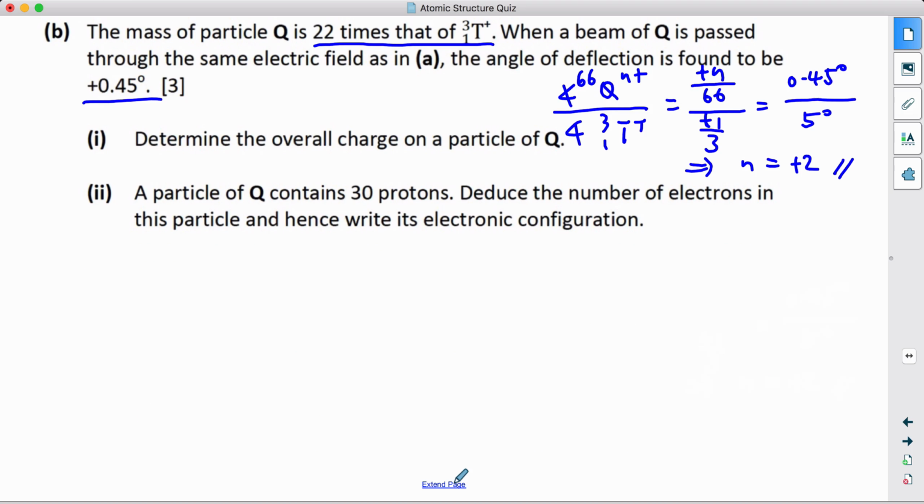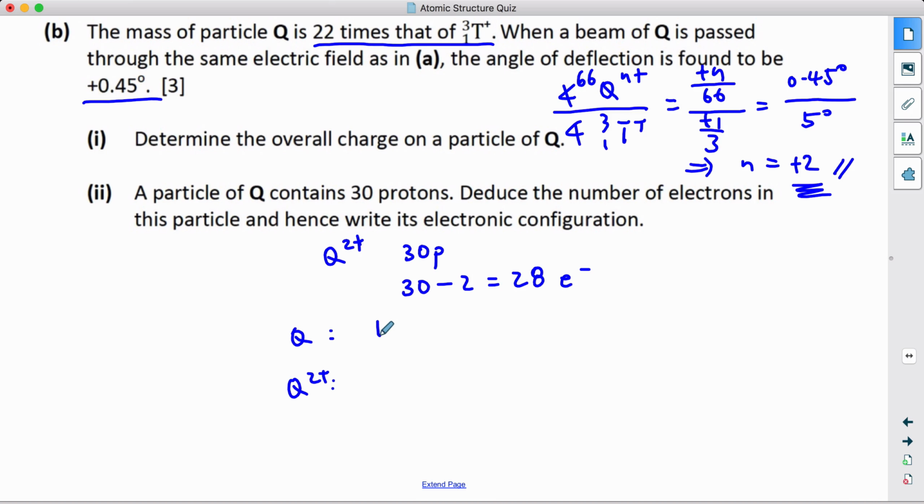Okay, let's look at the last part. The particle Q contains 30 protons, but Q has a charge of plus 2. So Q2+, if it has 30 protons, it must have 30 minus 2 equals 28 electrons. So that's the number of electrons, and hence write its configuration. We have to write the configuration for Q2+, so we need to start by writing the configuration for Q first.